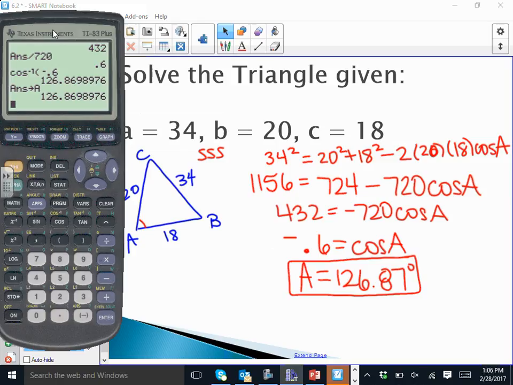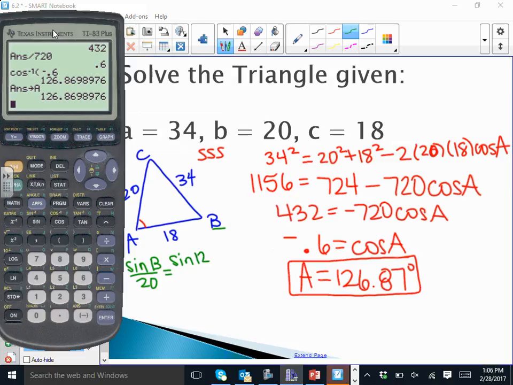Let's go ahead and find angle B. We can set up the ratio: the sine of B over side B equals the sine of A over side A. Why are we able to switch to that again?